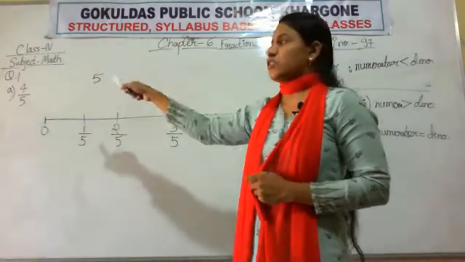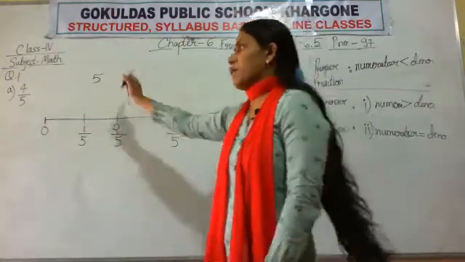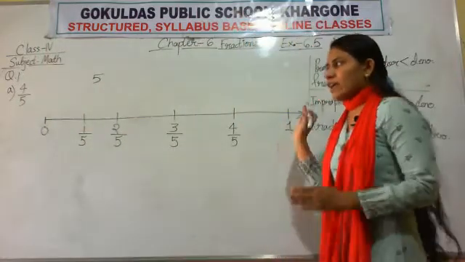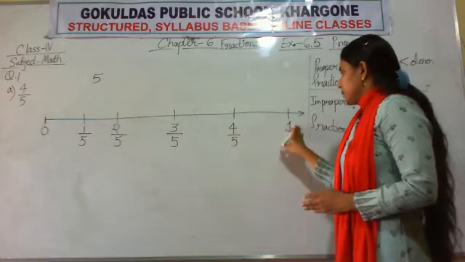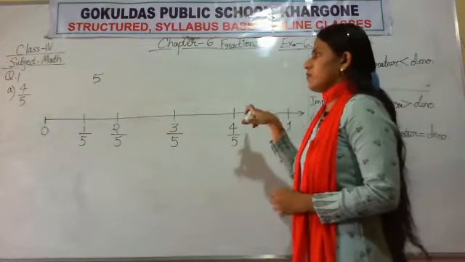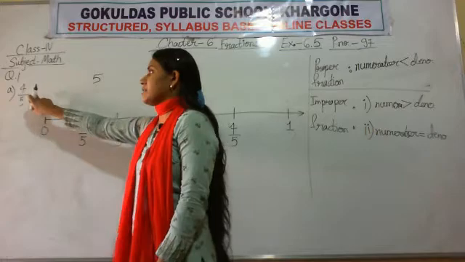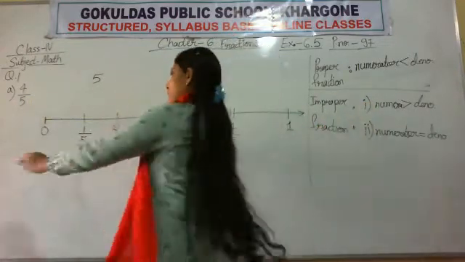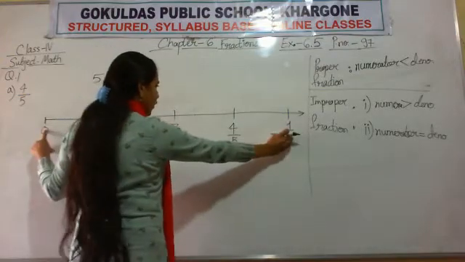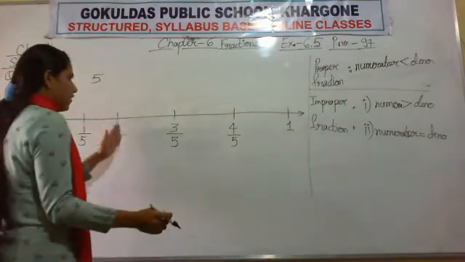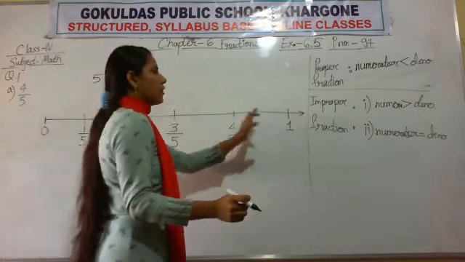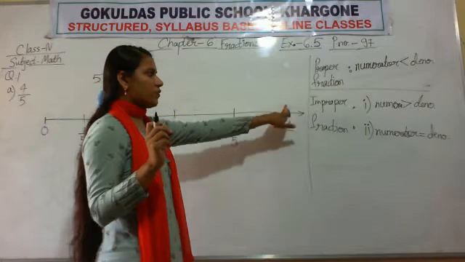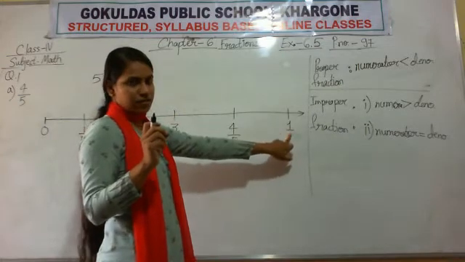If it is a proper fraction, meaning numerator is less than denominator, then we make a number line and represent our given fraction between 0 and 1. Write 0 first and 1 at the last. Now make 5 equal divisions such that the fifth one will be at 1.